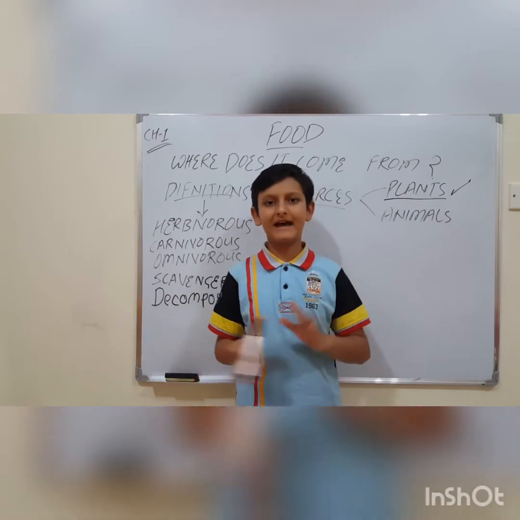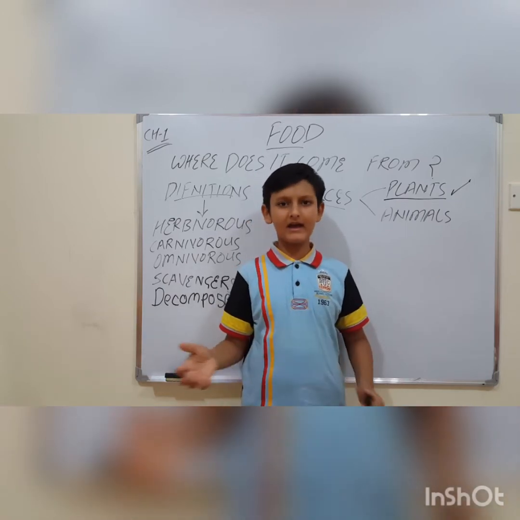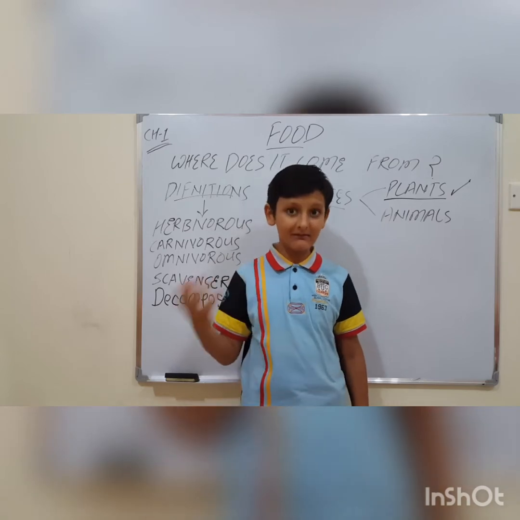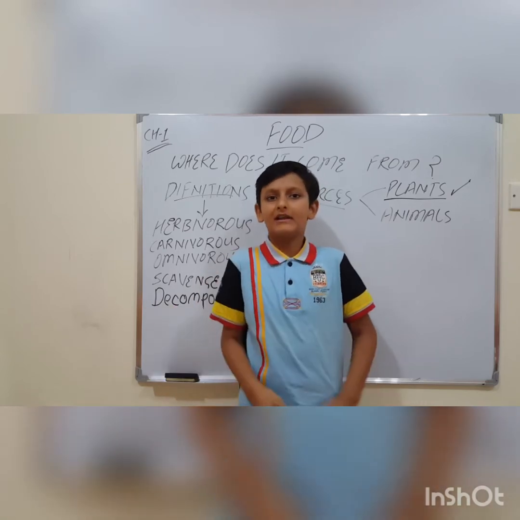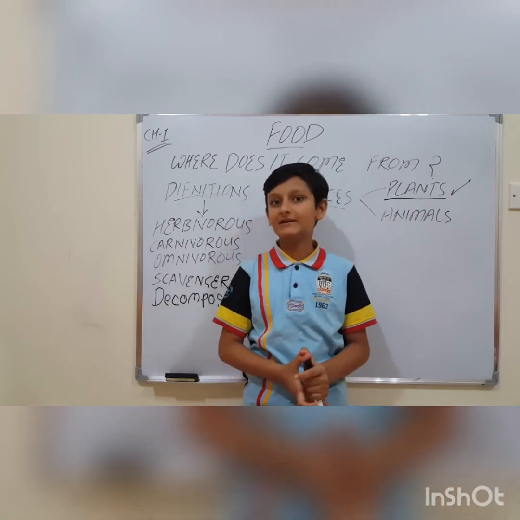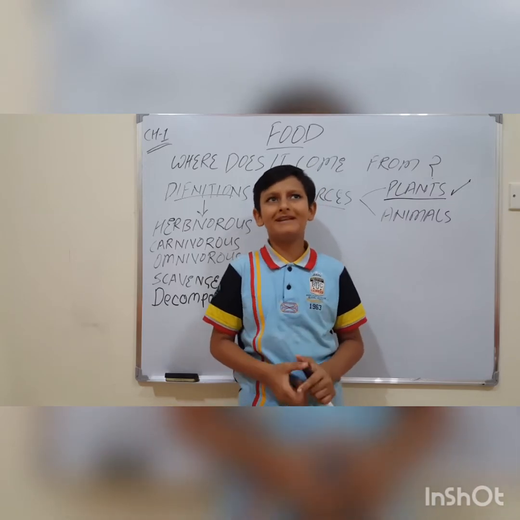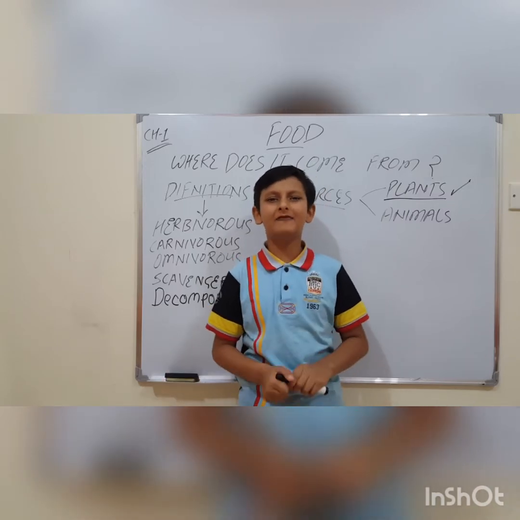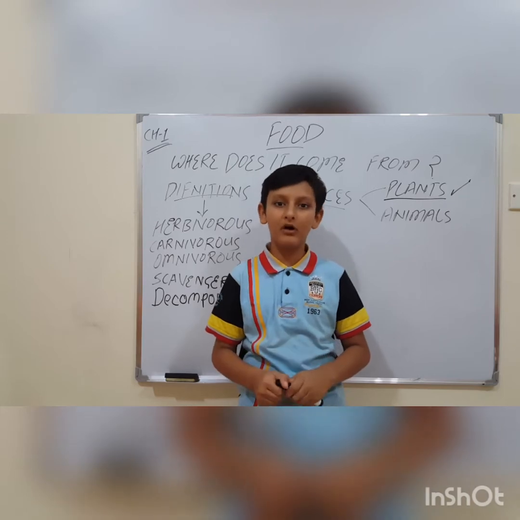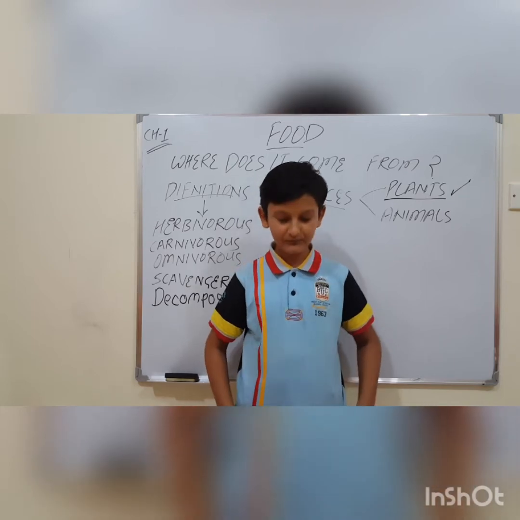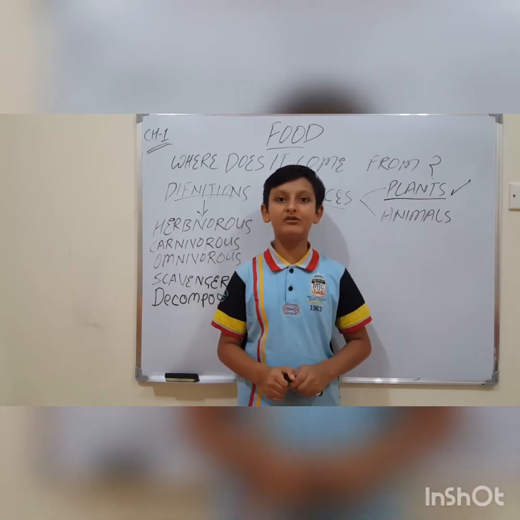Food from animals. Plants provide us food, and animals also provide us food. Meat is common, and everyone eats meat. We get meat from goat, chicken, prawns, fish, etc. Now I'll tell you about dairy products.